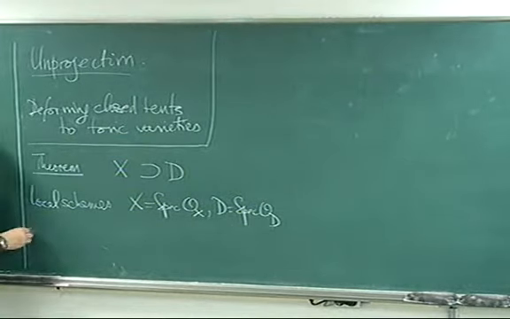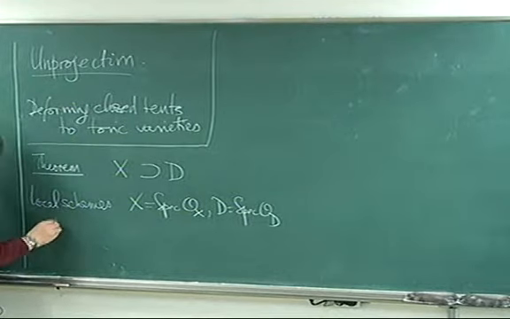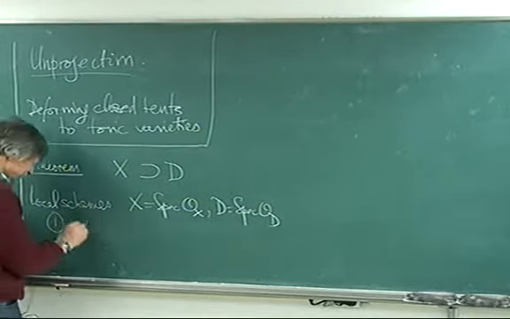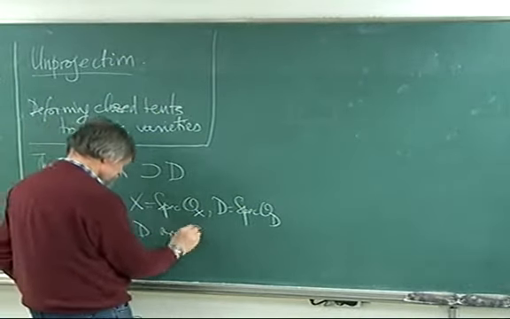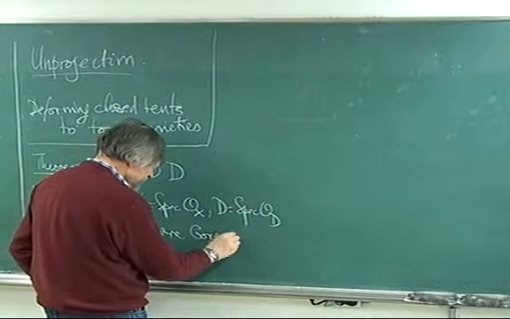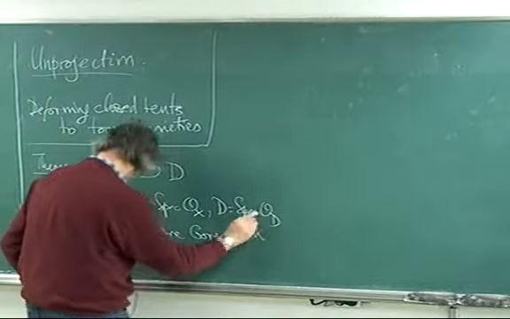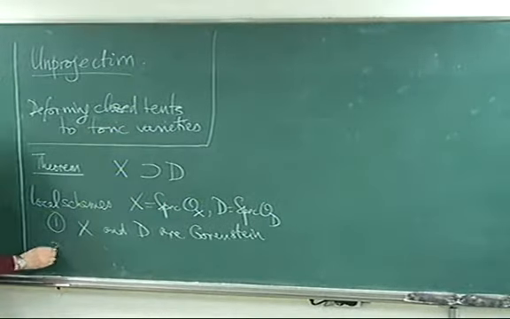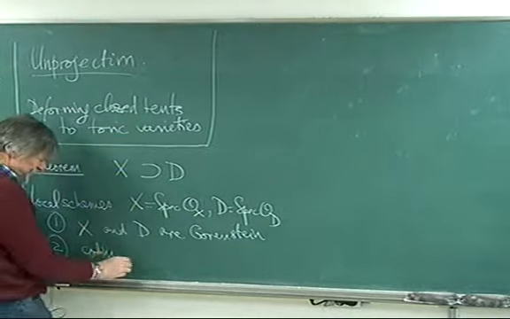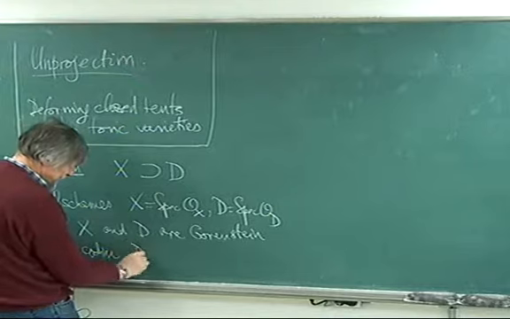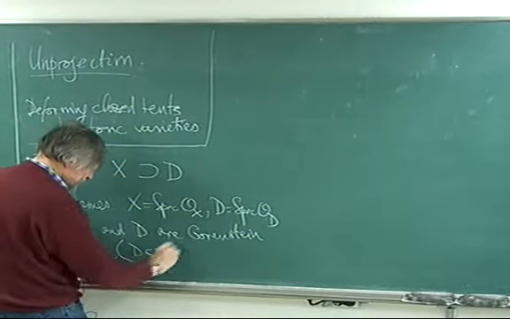And I'm assuming three things. One, X and D are Gorenstein. And two, the codimension of D in X is 1.